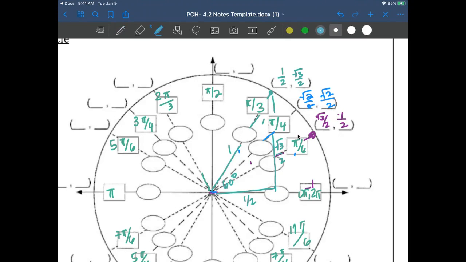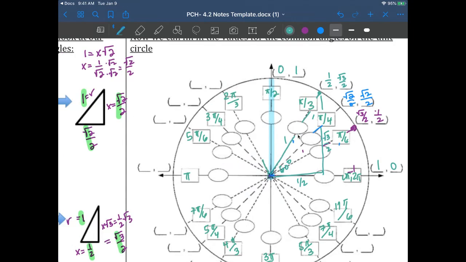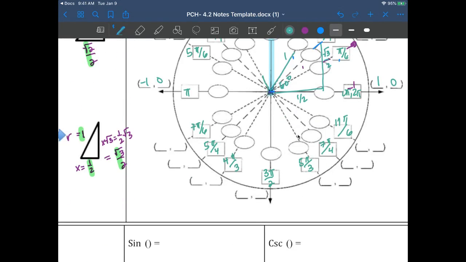When I just move upward, my x value is 0, my y value is 1. When I'm at 0, my x value is 1, my y value is 0. My x value is -1 and 0 at pi. My y value is 0, -1.